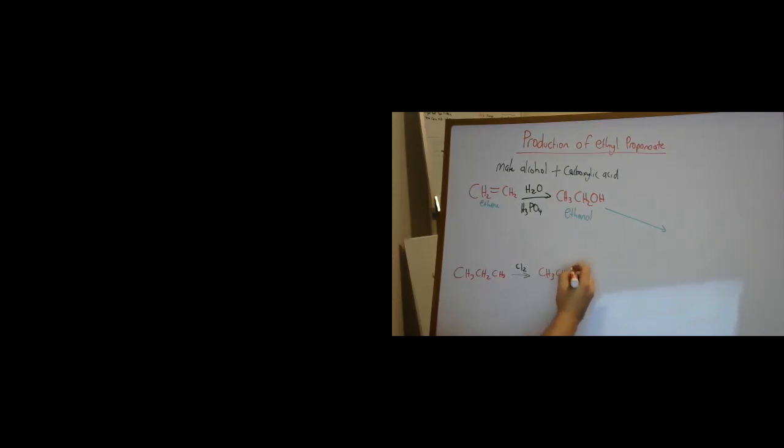So we have CH3CH2CH2Cl. This is in the presence of UV light.